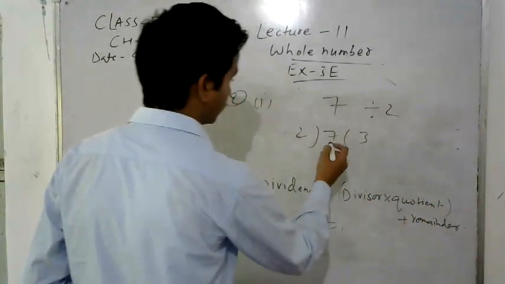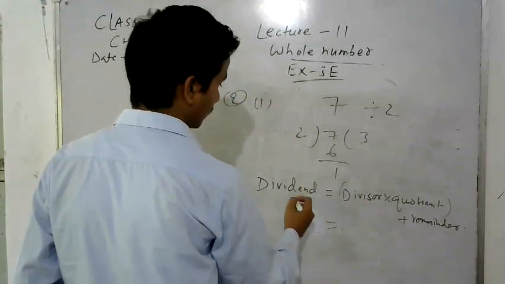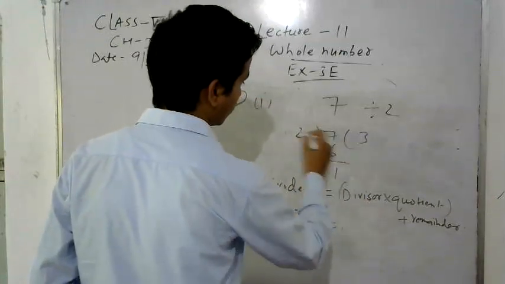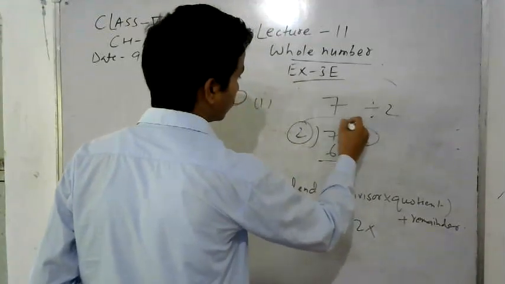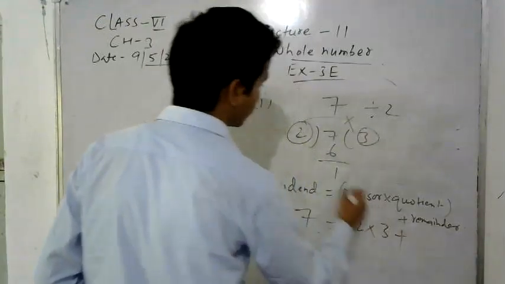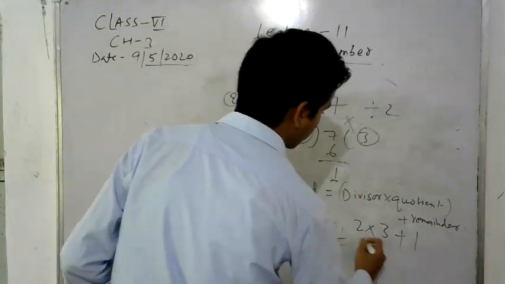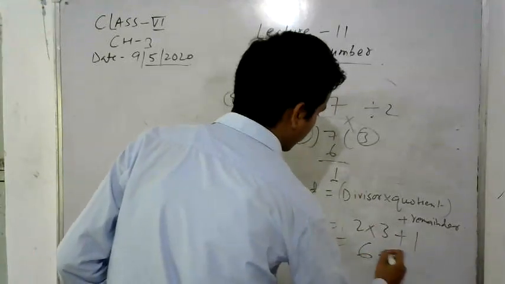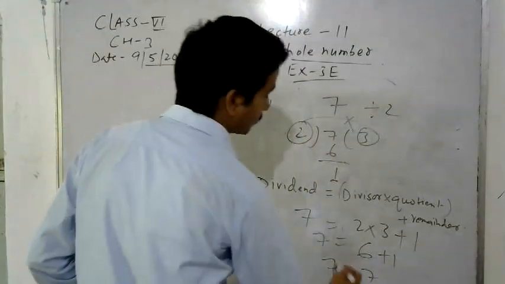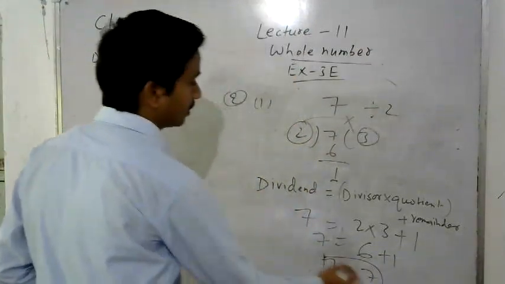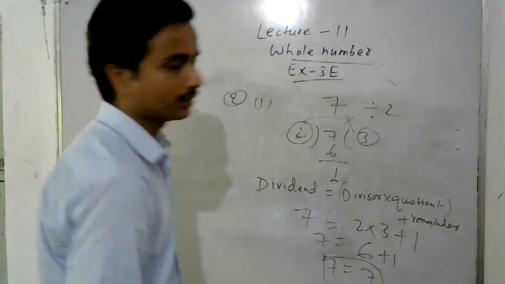The dividend is 7 and the divisor is 2. You have to multiply 2 into 3 plus add the remainder 1. 2 3s are 6 plus 1. Yes, you are getting 7. 7 on both sides. So LHS equals RHS, hence verified. In this way you have to verify it.